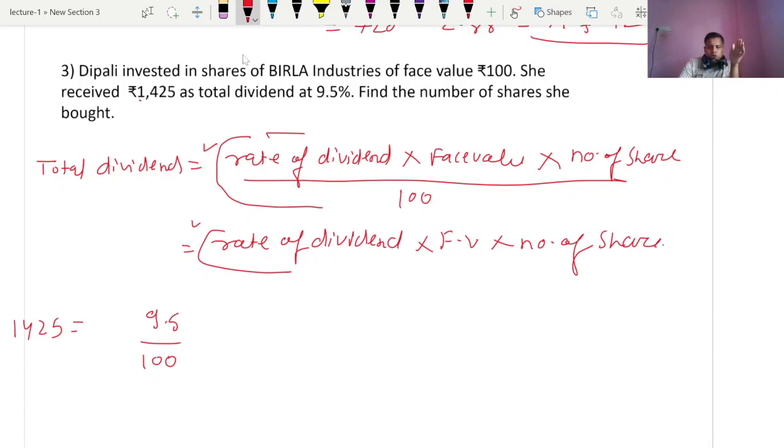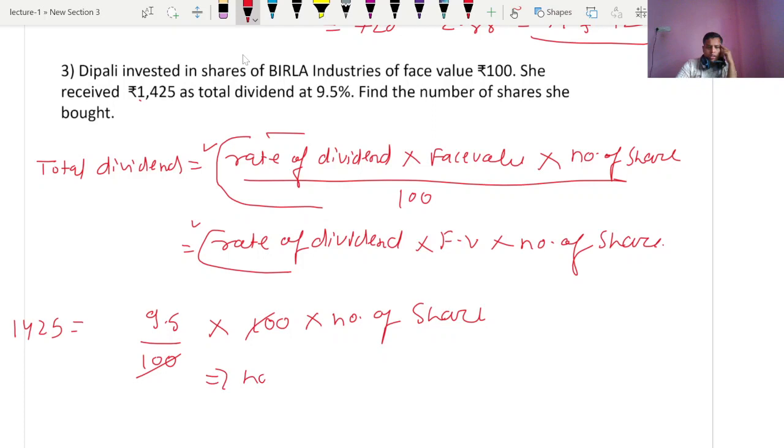So the rate of dividend is 9.5 multiplied by the face value, which is 100 rupees, and what you have to find out is the number of shares. Now the 100 cancels. You have to find the number of shares, so this 9.5 will go in the denominator.